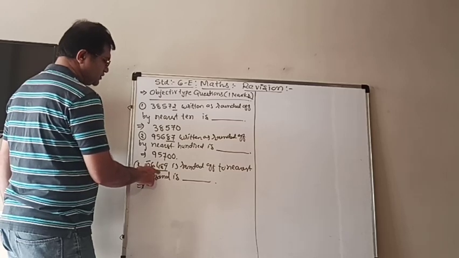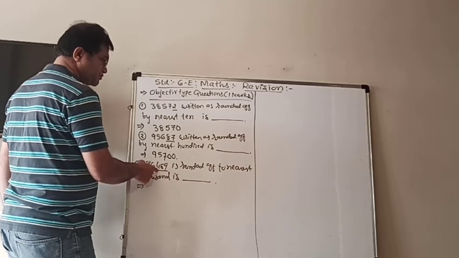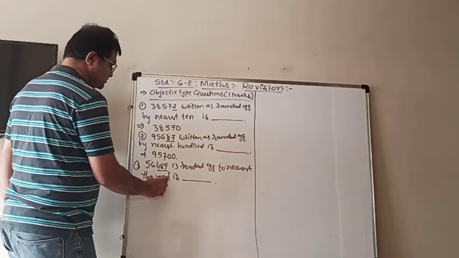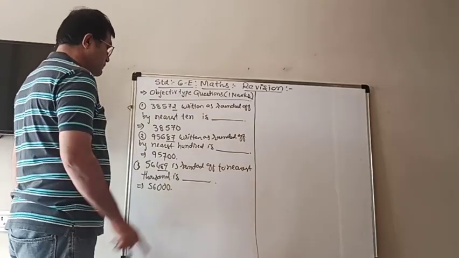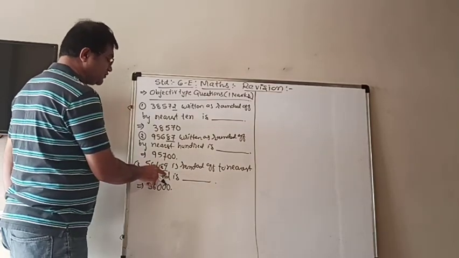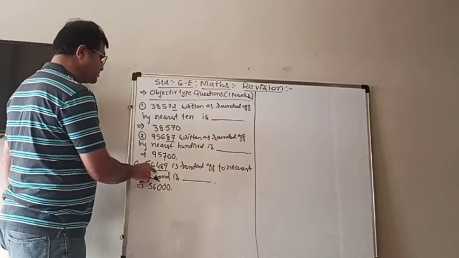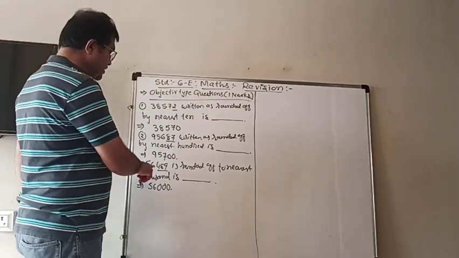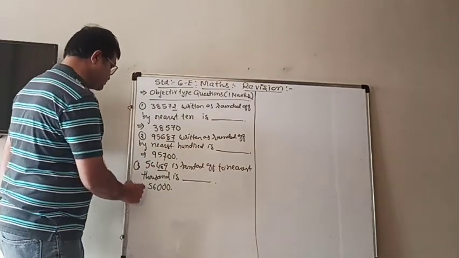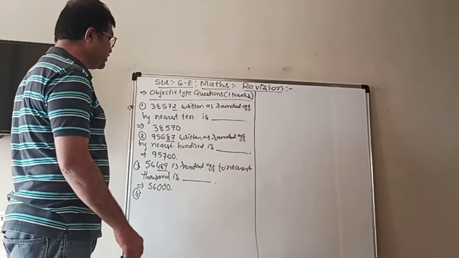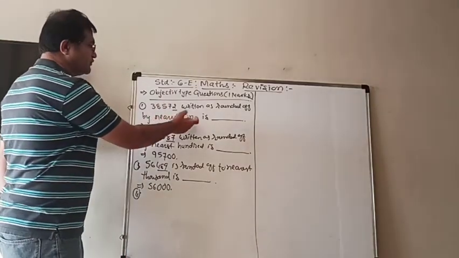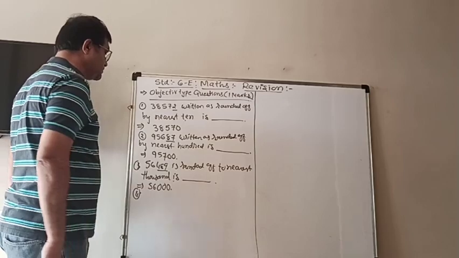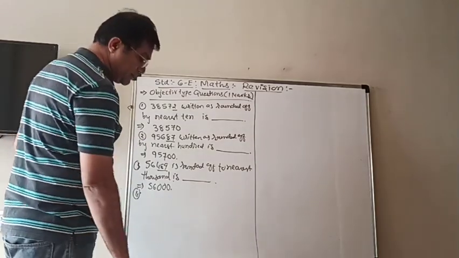Here you can see that the 3rd digit is 4, therefore all the 3 will be 0. So the answer will be 56,000. But if it is nearest to 10, what will you write down? You will write down 56,490. And if it is nearest 100, it will be 56,500. So if there is rounding off, you have to be careful and read whether it is the nearest 10, nearest 100 or nearest 1000, and remember that properly.